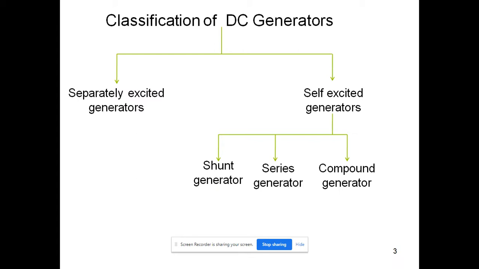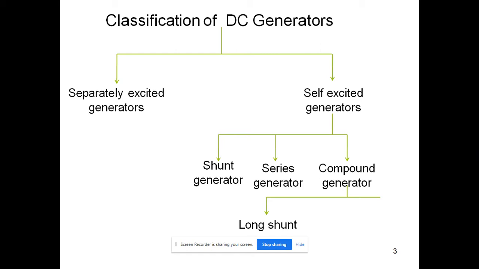These compound generators are further classified into two types. One is long shunt DC generator. Here the whole shunt field winding will be connected in parallel to both the armature and series winding.